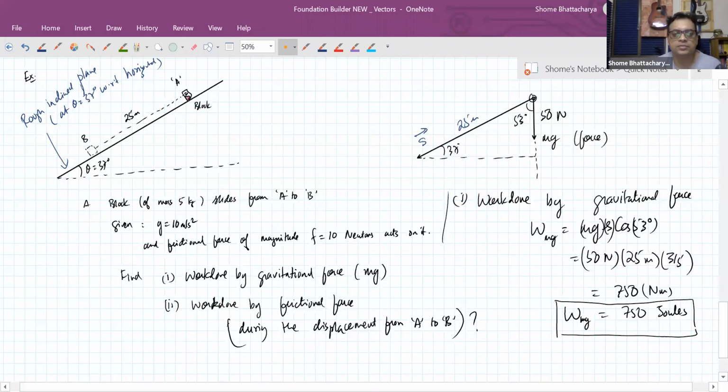So while it is coming down, the gravitational force is always acting like this. So the angle between the gravitational force and the displacement vector, you can see, is this angle.